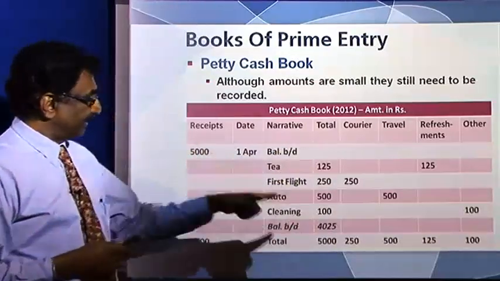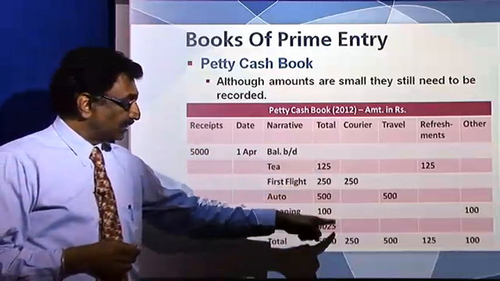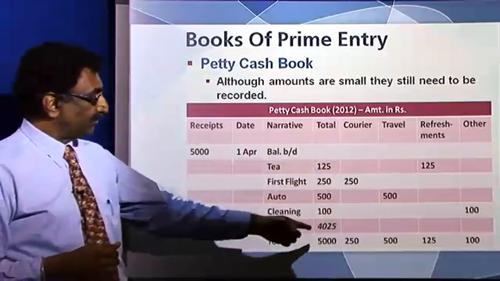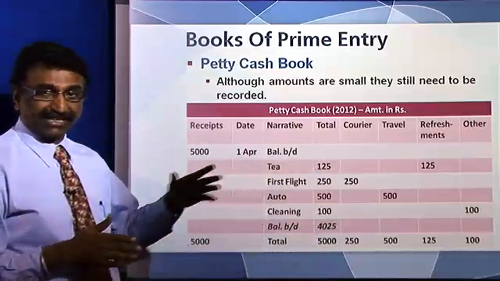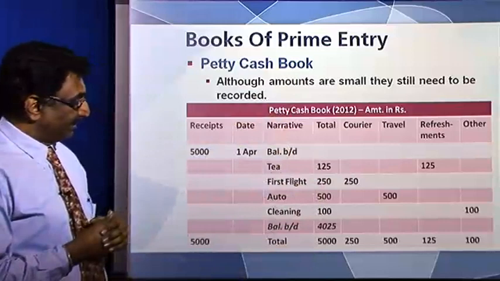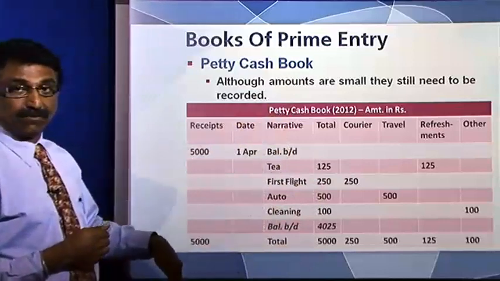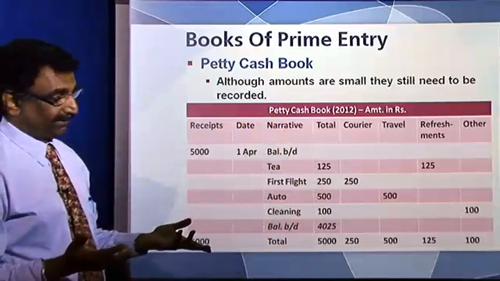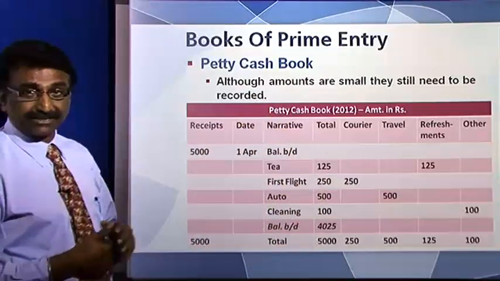The balance, 5,000 minus this total, was the end of the day balance, about 4,025 rupees remaining. So 975 rupees was actually spent during the day. This balance will then be carried forward to the next day as the opening balance. That is how petty cash works.